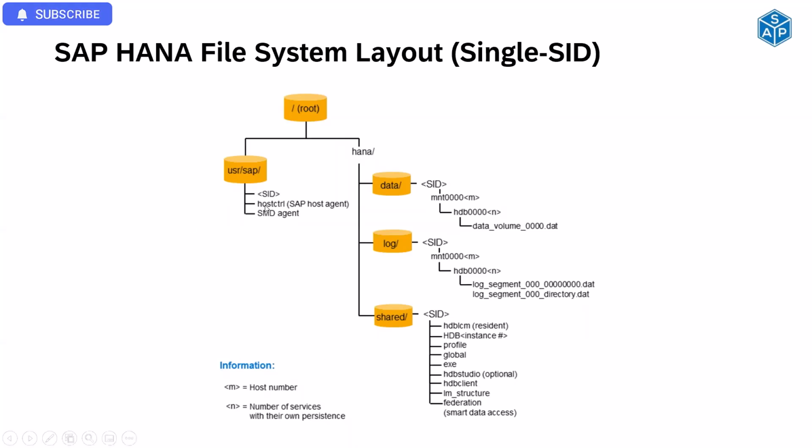USR SAP contains your host control. What is the host control? Host control is your host agent. The host agent directory contains your host agent or your SMD. SMD is the Solution Manager Diagnostics agent. Okay, but we are not going to install the SMD. In case you are going to install it, it will be installed under USR SAP. Okay, am I clear with this file system layout?